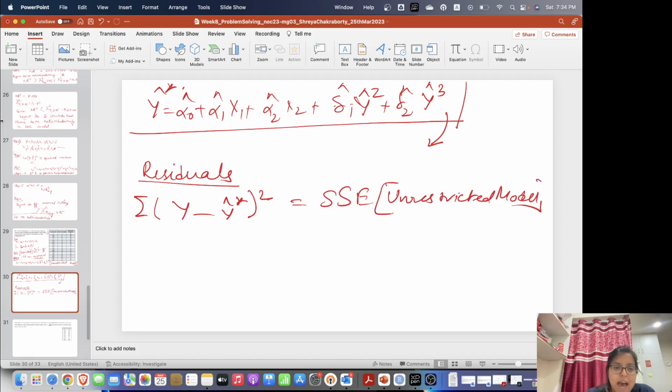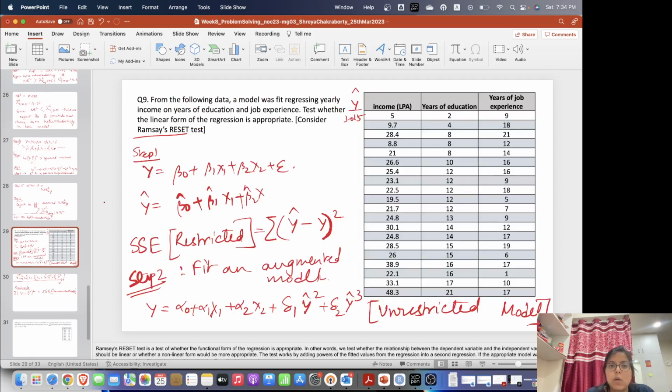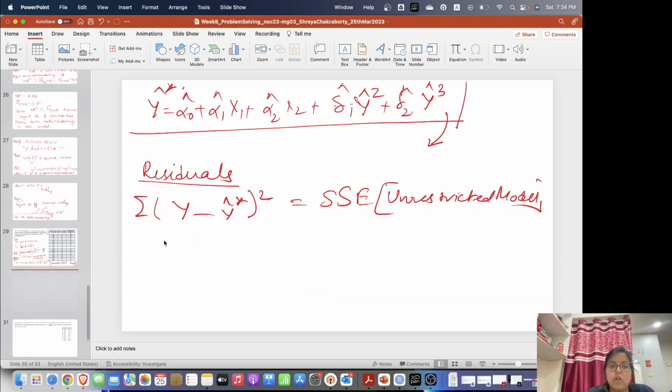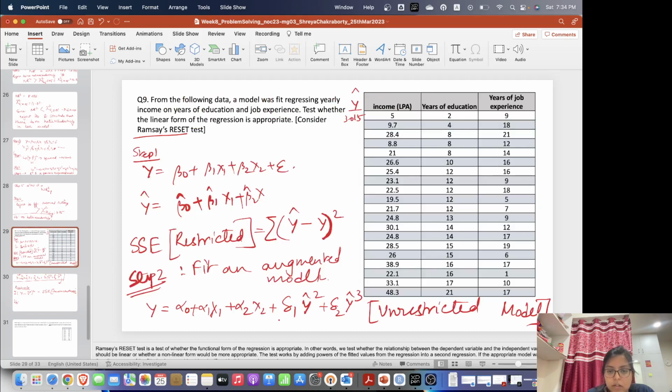So once we have these two, now we have to test whether this linear form of regression is appropriate or not. The linear form was up to the inclusion of x1 and x2. Whenever we include y hat square and y hat cube, the linearity is lost.